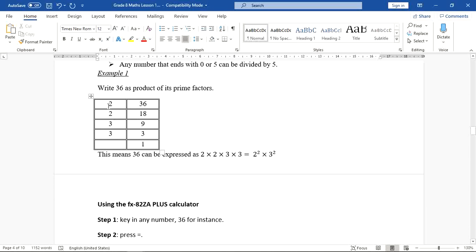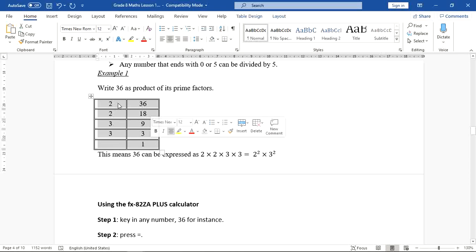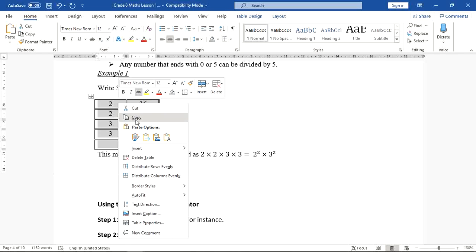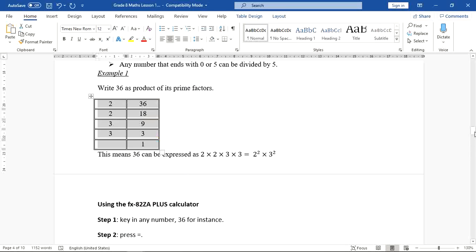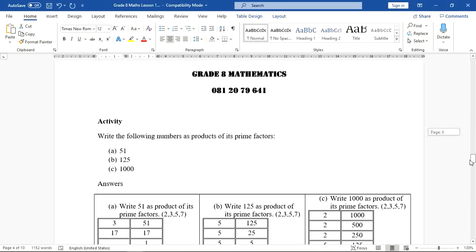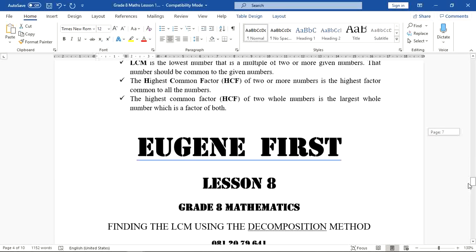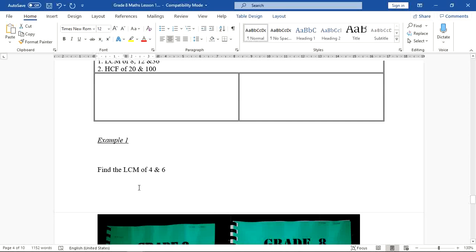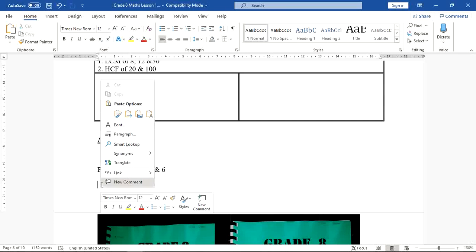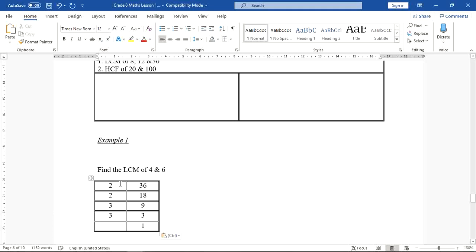The first thing you need to do is write each number as a product of its prime factors. So instead of these numbers here, I'm going to put in number 4.